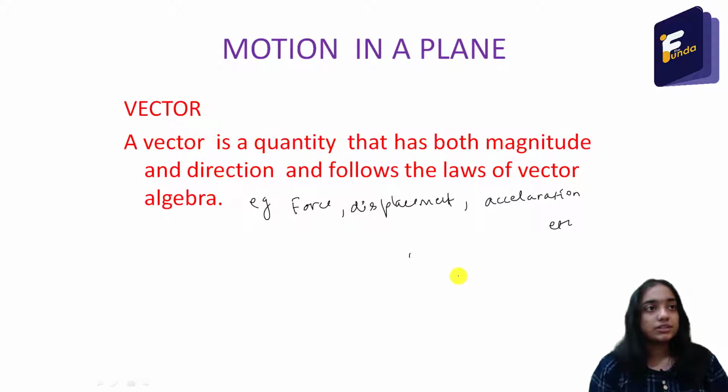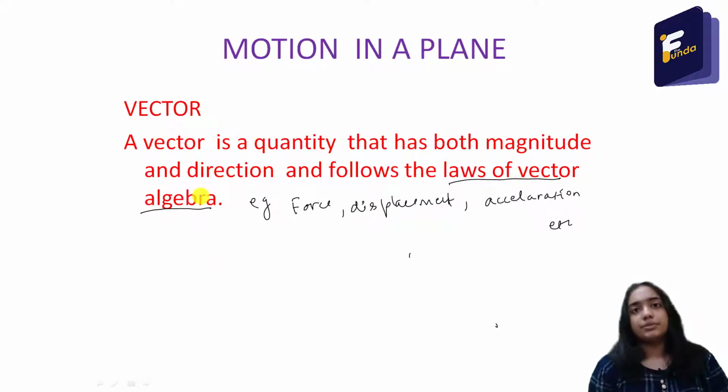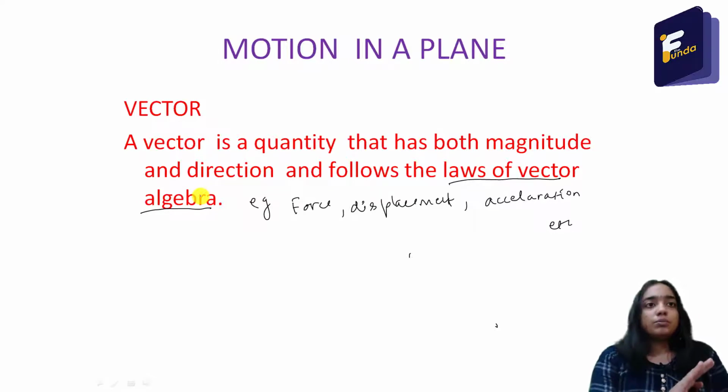Here you can see it follows the laws of vector algebra. So, what is vector algebra? That question might arise in your mind. You must have learnt normal algebra in your childhood.